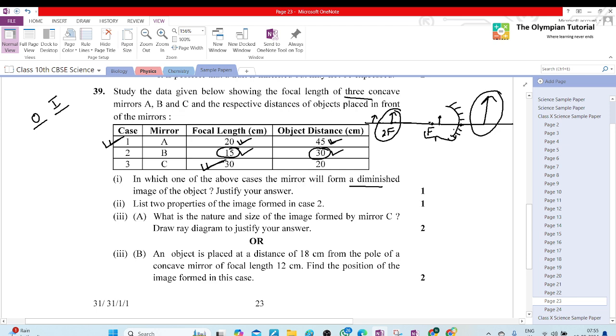So here we will prepare a ray diagram in this way. This one is a concave mirror.